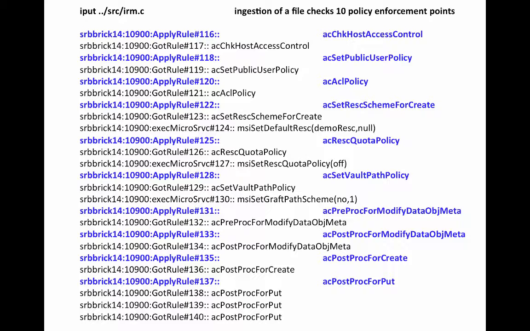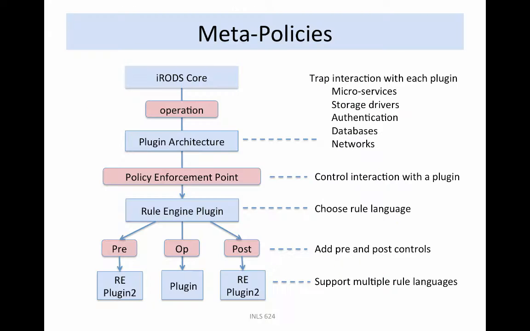Policies are then applied to determine which storage resource to use, whether a quota has been exceeded, how to name the file on the storage system, whether metadata needs to be added or modified, and whether post-processing needs to be performed. A simple action will usually require application of multiple policies to control the outcome.